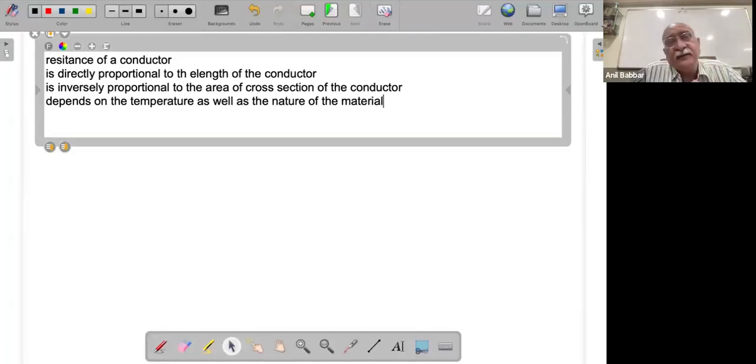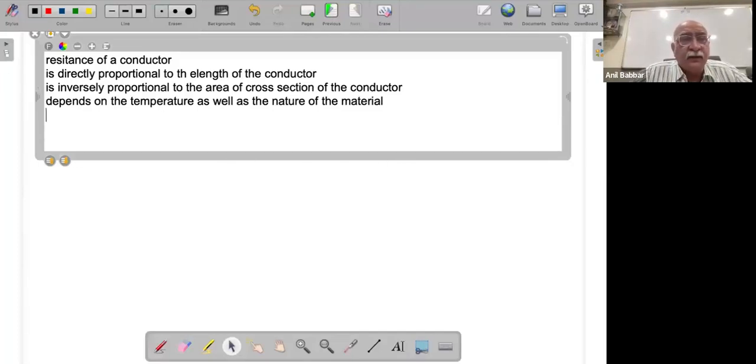In a semiconductor, when the temperature is increased, the resistance decreases. In case of conductors, when temperature increases, resistance increases because the number of collisions increases. Fine. So on combining these two, R can be written as, there's a symbol called rho. This is rho, let's say.